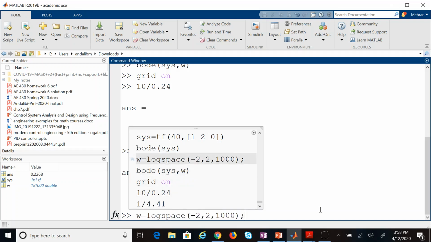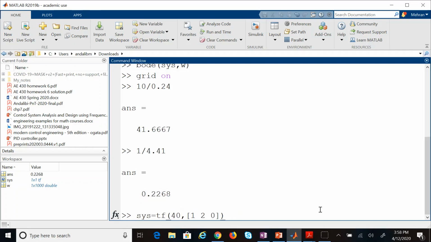So now I define my system differently. Kc, 4167, is multiplied by the 4 and multiplied by the zero of the compensator. Okay, so this is the numerator.